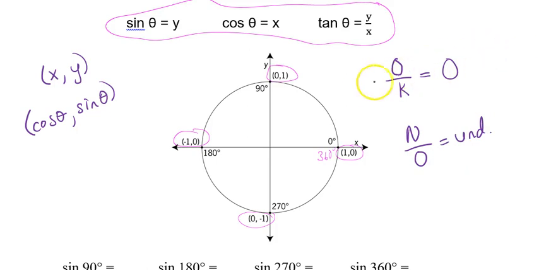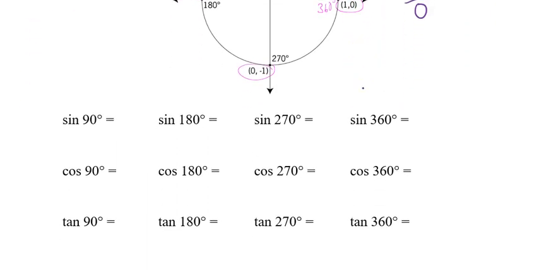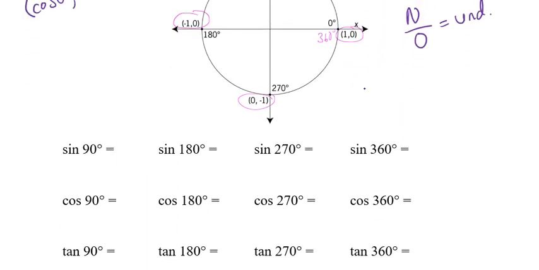So let's come back down to the 90 degrees and remember that our point at 90 degrees is 0, 1. So our y value would be our sine, which is 1. Our x value would be our cosine, so 0. And then tangent is your y over your x, so 1 over 0. 1 over 0 is a situation that is undefined.